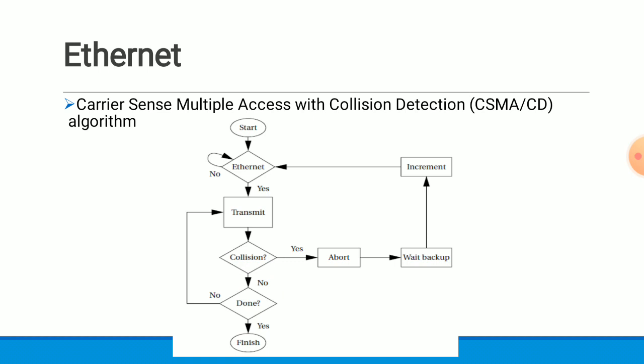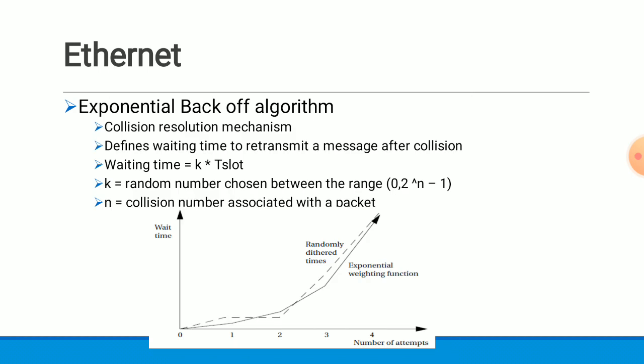To avoid this problem, Ethernet uses a technique called the exponential backoff algorithm. So we will see what the exponential backoff algorithm is. This exponential backoff algorithm is a collision resolution mechanism used in Ethernet to schedule the retransmission after a collision.